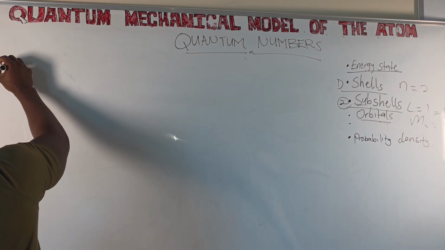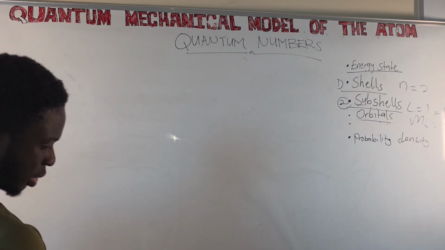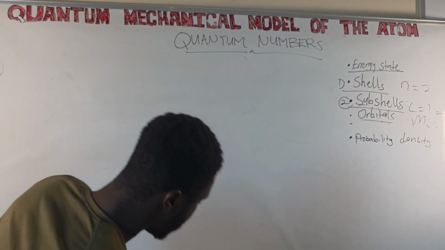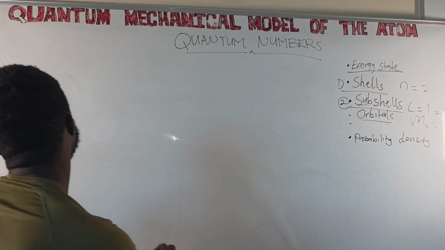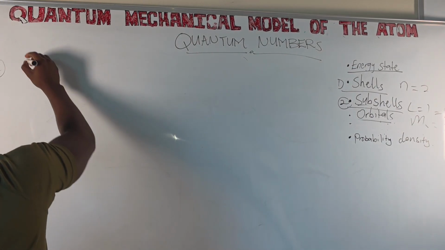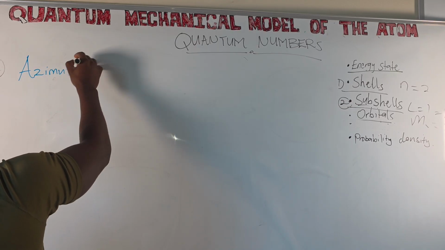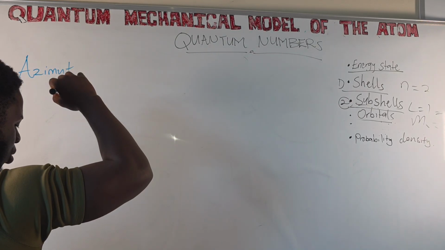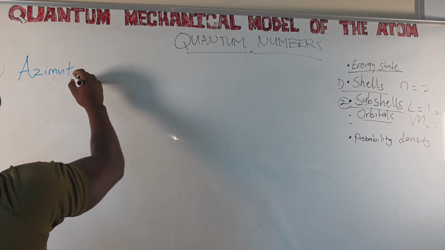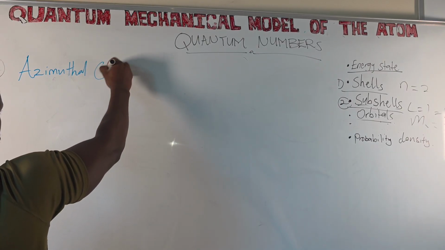So now let's move away from the principal quantum number. Secondly, number 2, we have the azimuthal quantum number. I think it's spelled with TH.